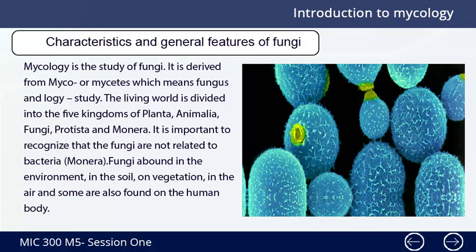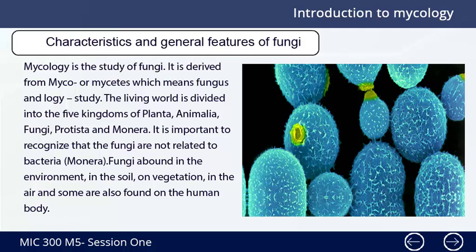Characteristics and general features of fungi. Mycology is the study of fungi. It is derived from myco or mycete, which means fungus, and logy, which means study. The living world is divided into 5 kingdoms of planta, animalia, fungi, protista, and monera.